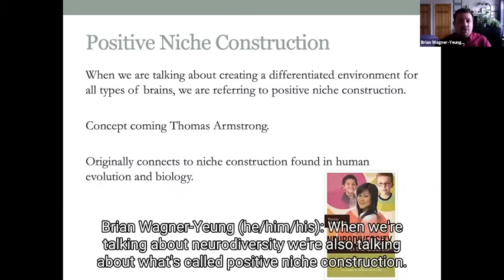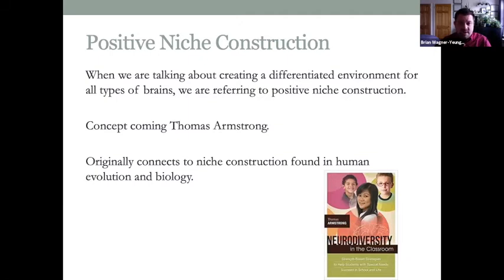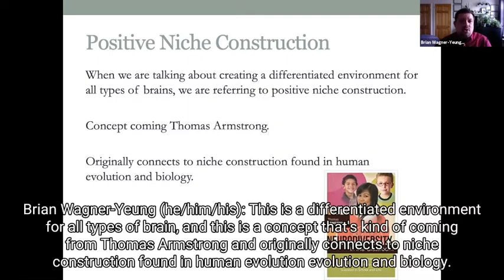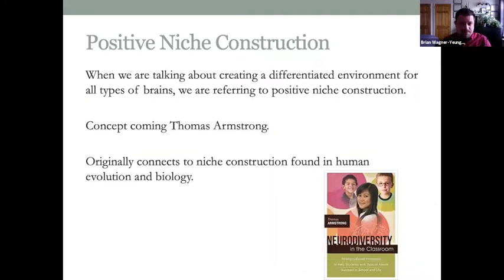When we're talking about neurodiversity, we're also talking about what's called positive niche construction. This is a differentiated environment for all types of brains. This is a concept coming from Thomas Armstrong and originally connects to niche construction found in human evolution and biology.